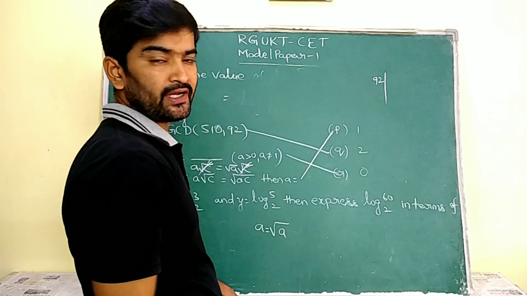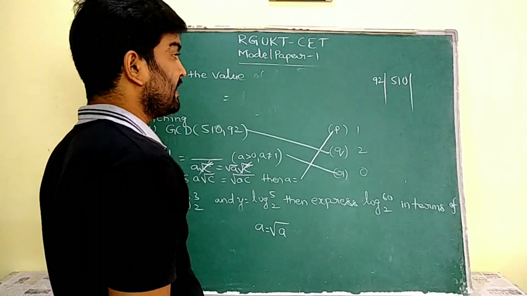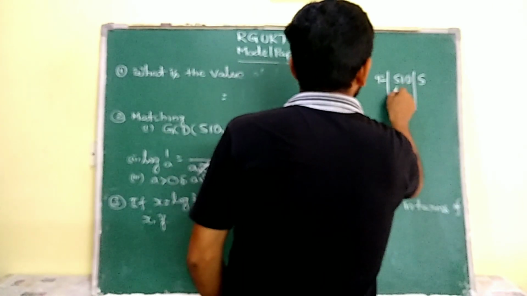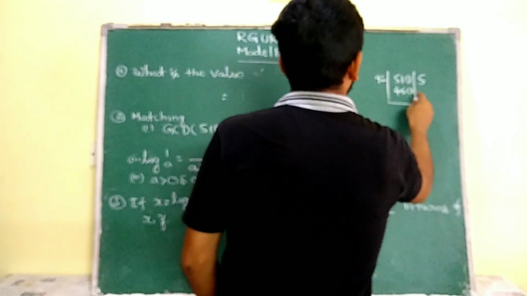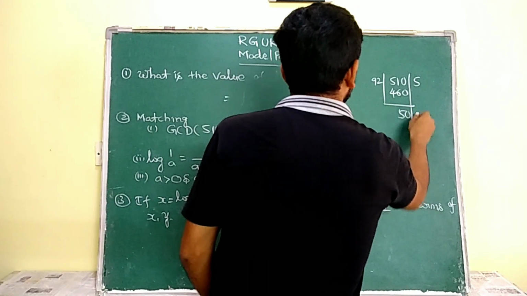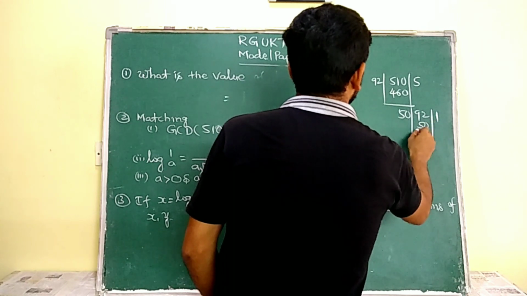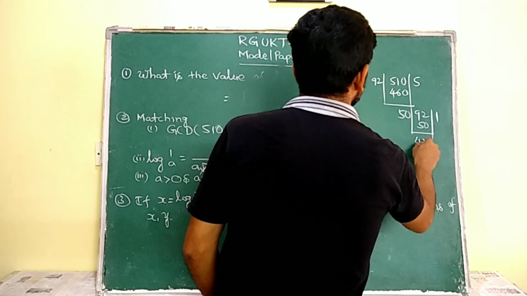If we do the long division, 510 divided by 92: 92 5s are 460. By subtracting, we get 50. So 92 1s is 92, then 42 is left.